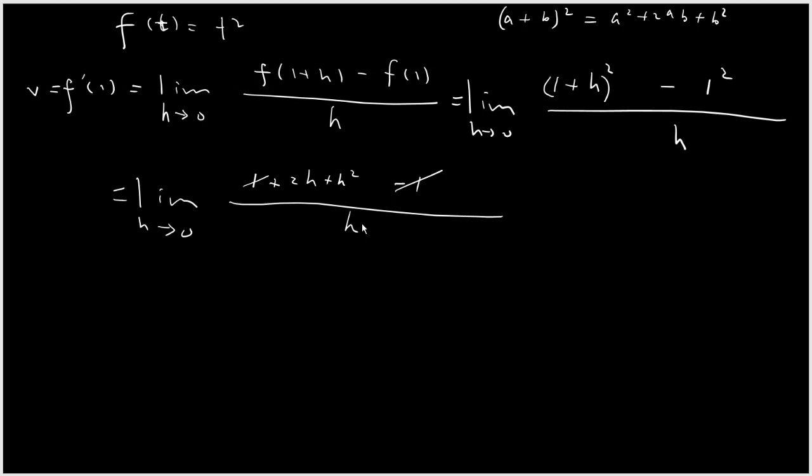We want to do something to get rid of the bad egg. Okay, so basically we want to do something to cancel out h, right? So do not forget to copy down the limit notation. You need to write down the limit notation all the way down until the last step. Okay.